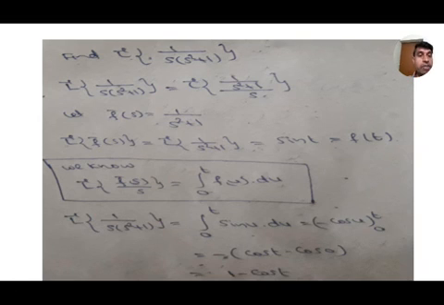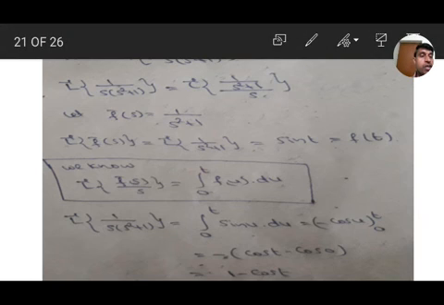We know that L inverse of f bar S by S equals integration 0 to t f of u du, that is integration 0 to t sin u du. The integration of sin u is minus cos u; upper limit minus lower limit gives minus cos t minus cos 0. Multiplying cos 0 value 1 by the minus, we get 1 minus cos t.